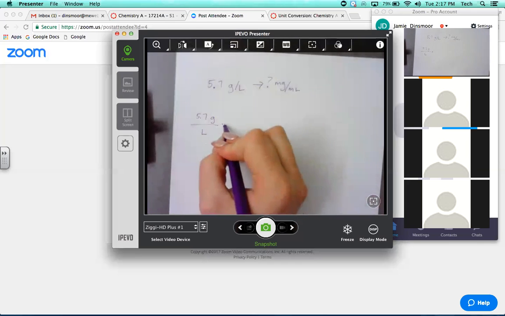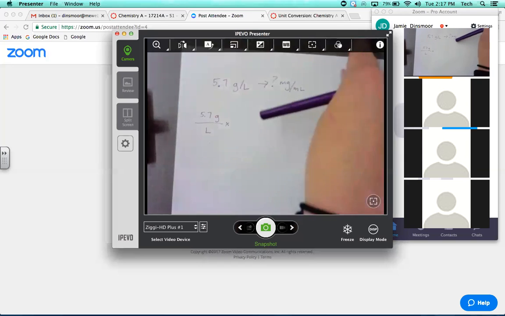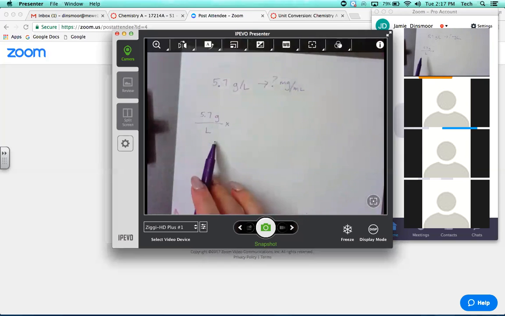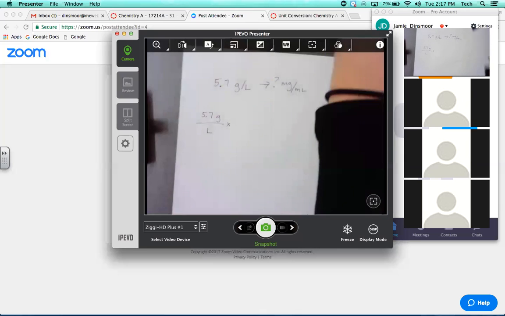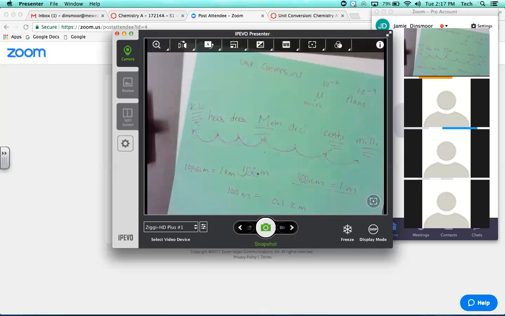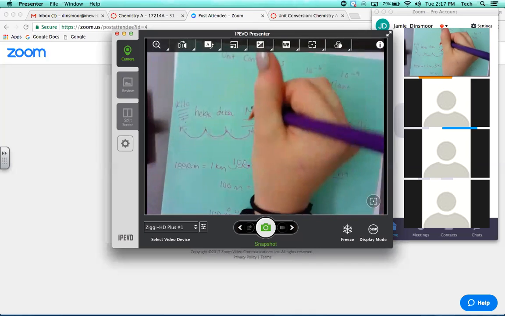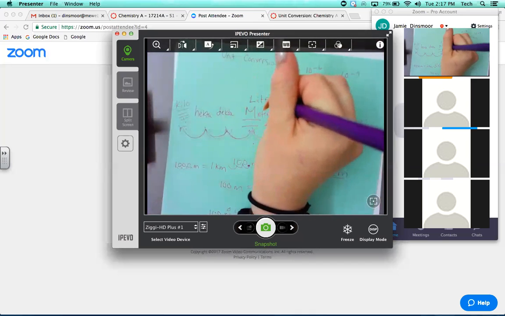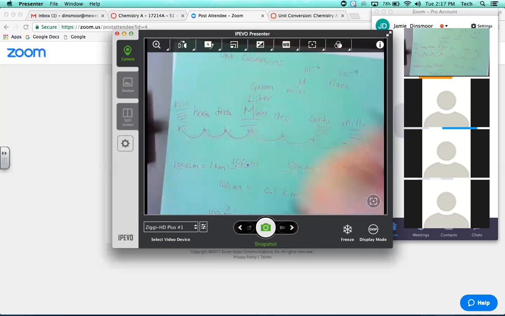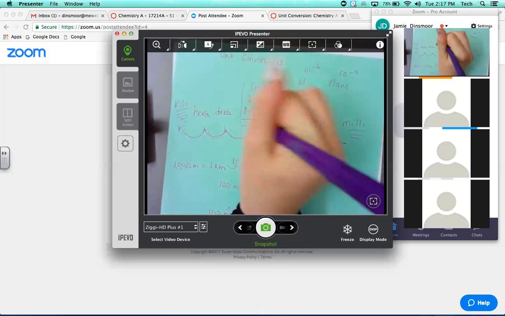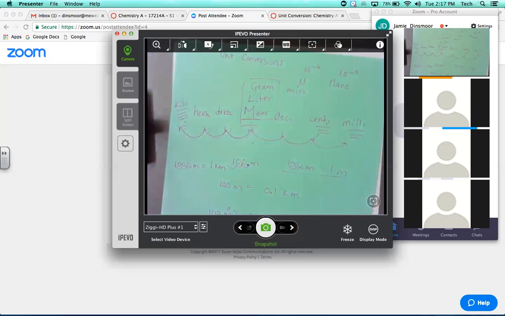So I need to know how many milliliters are in a liter. This can be replaced, instead of meter, this can be liter. This can be gram. Those are all base units of the metric system, so we can use that conversion concept here.